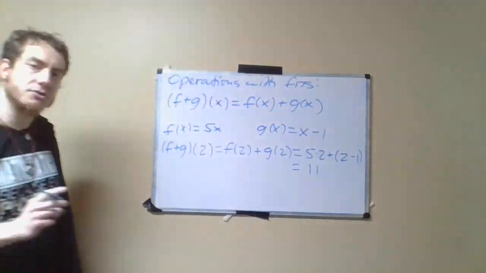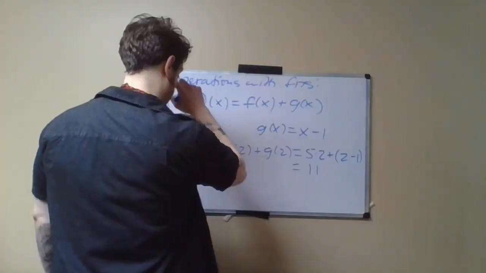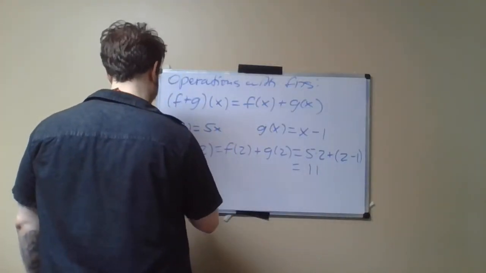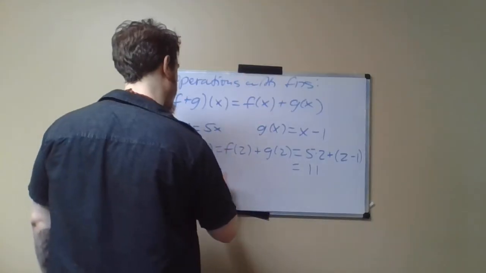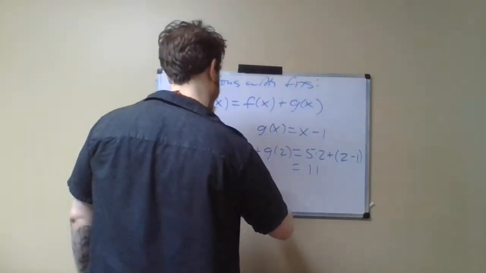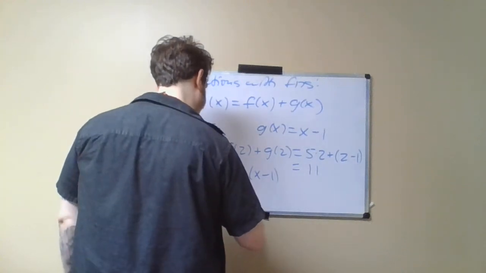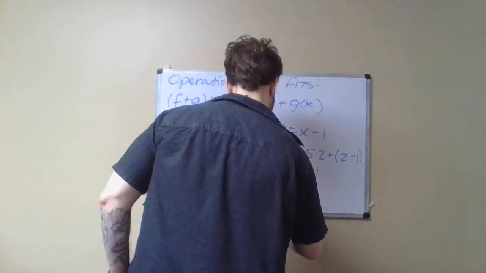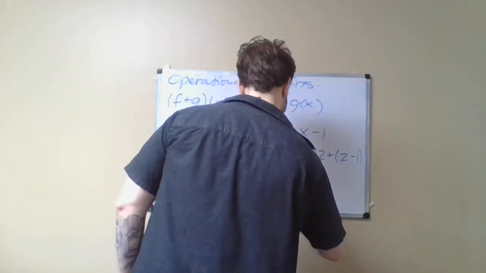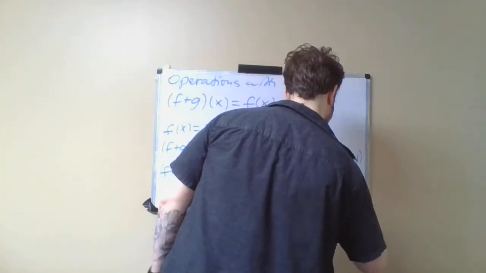But I could also say, as a general rule here, f plus g evaluated at some number x is going to be 5x plus x minus 1, which is just 6x minus 1. And then I can say, f plus g evaluated at 2 is 6 times 2 minus 1.